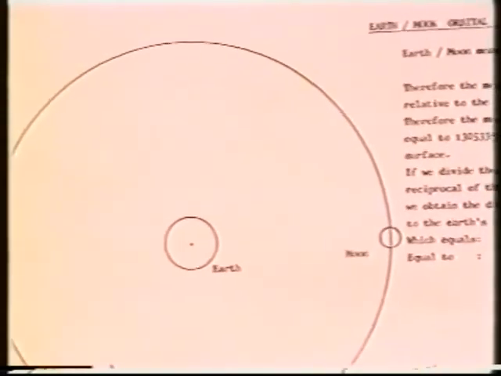And if we now go to number 40, this is something that you'll be able to find in the astronomy books.